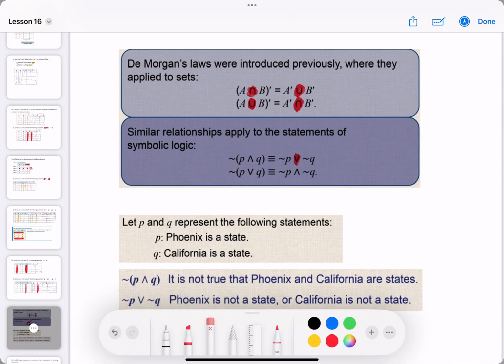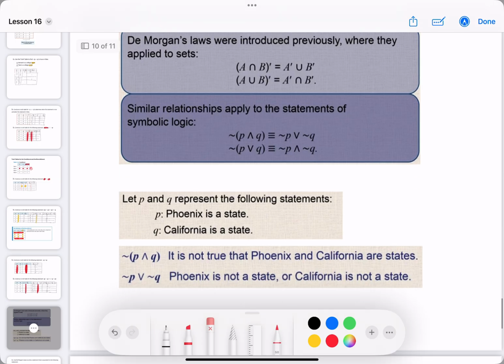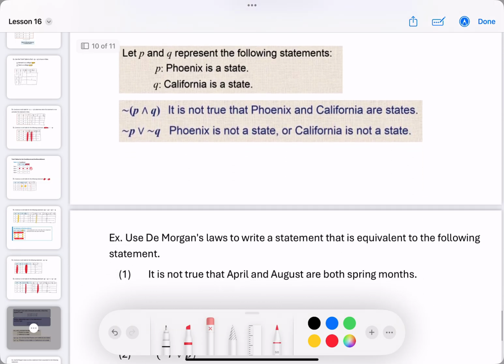So let's clear this part and see one example. Let P and Q represent the following statements. The first one, P: Phoenix is a state. Q: California is a state. If I want to express this, it is not true that P and Q, I will say it is not true that Phoenix and California are states.